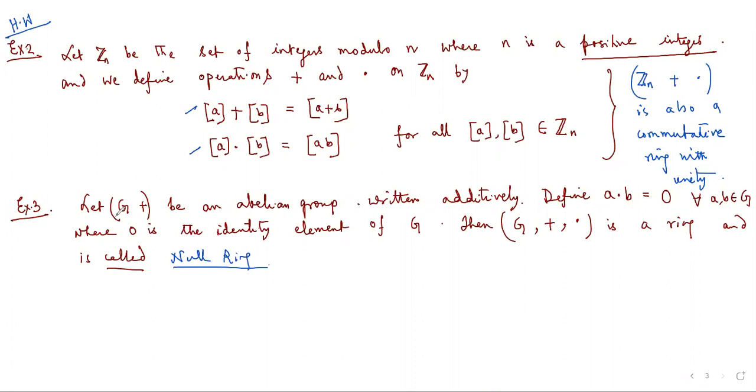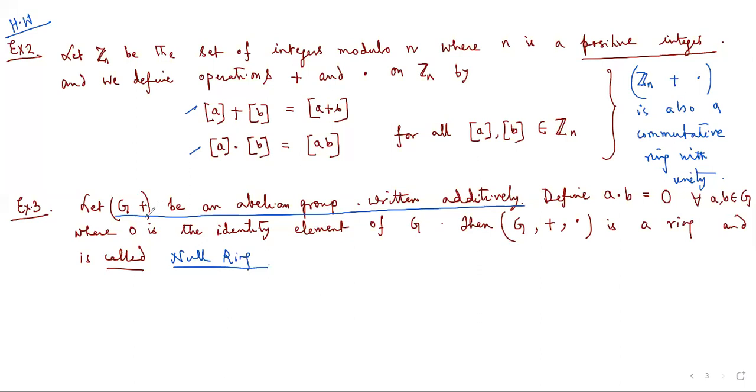When we write that G plus is an abelian group with respect to the operation addition, which is written additively, that means the usual operation of addition, the way it is defined. Suppose you are considering a group where plus is not the usual operation of addition, then also this result is applicable.